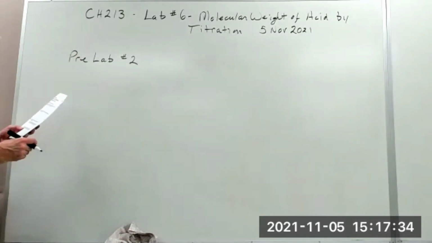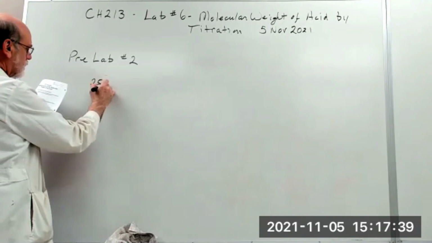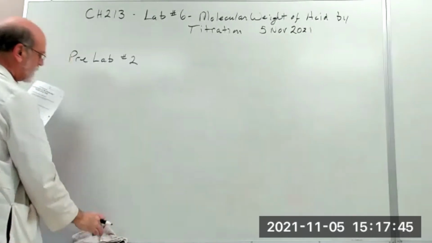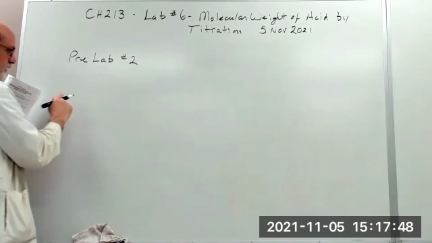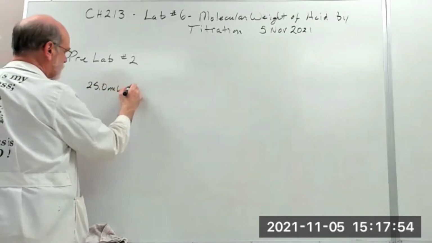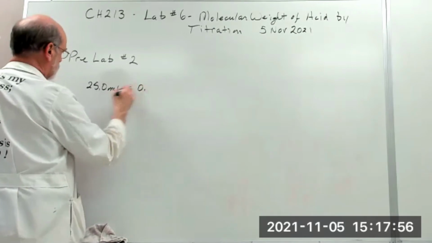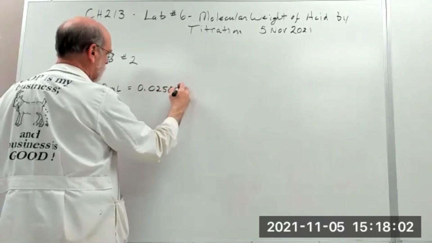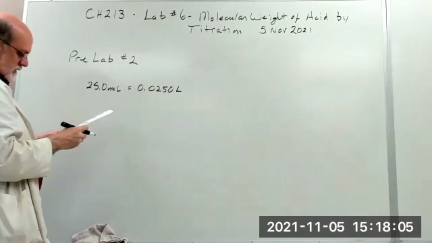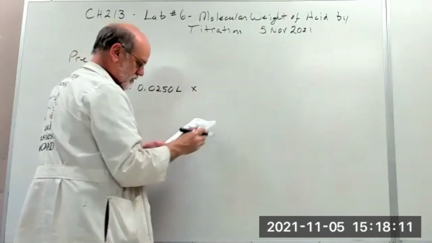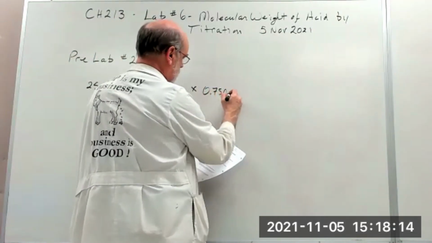So, citric acid, let's see, 25 milliliters of, let's see, we're going to have to end up with moles, so we've got to change it to liters. 25 milliliters of base equals 0.0250 liters of base times the molarity of the base, which is 0.750 molar.